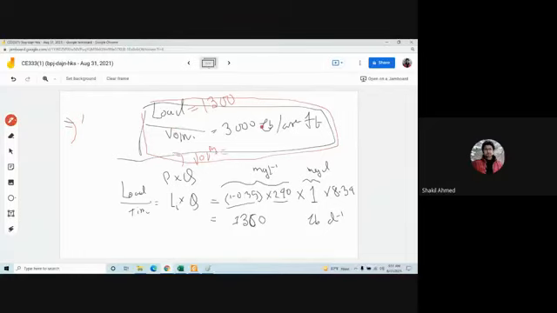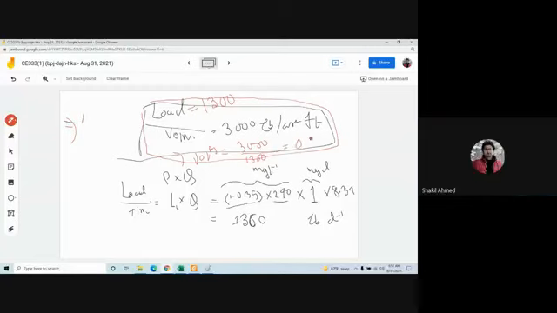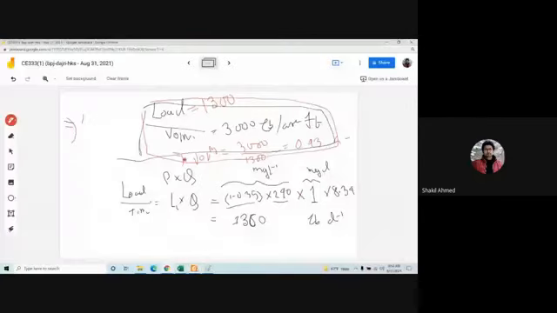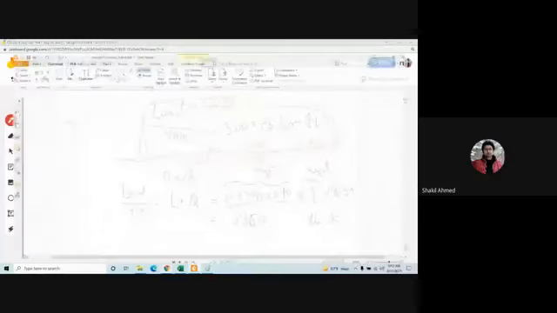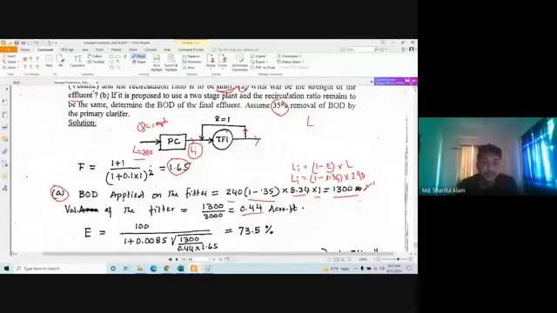Volume is 1300 divided by 3000, which is 0.43 or 0.44 acre feet. Clear?